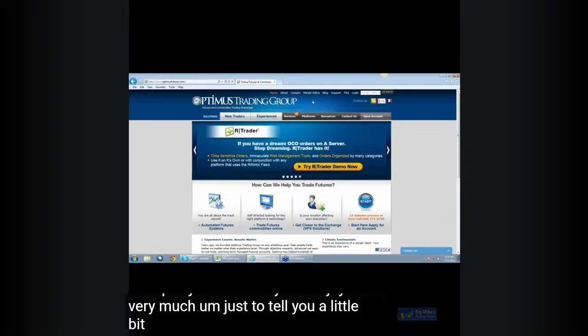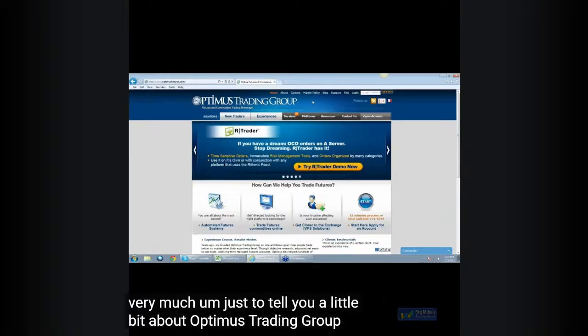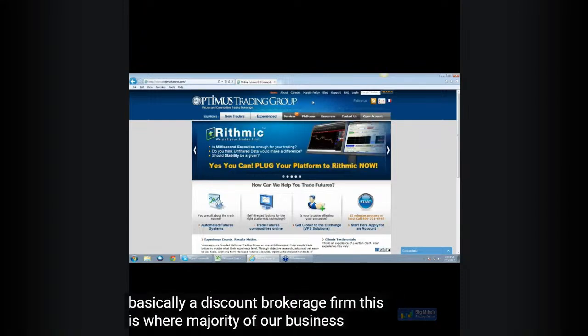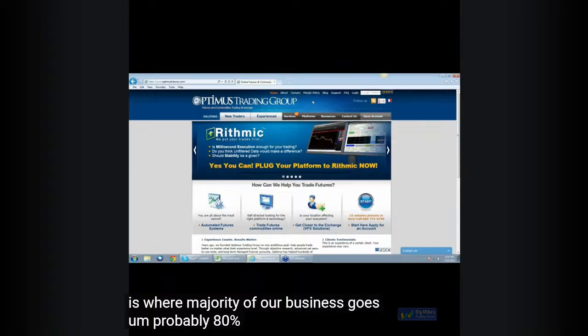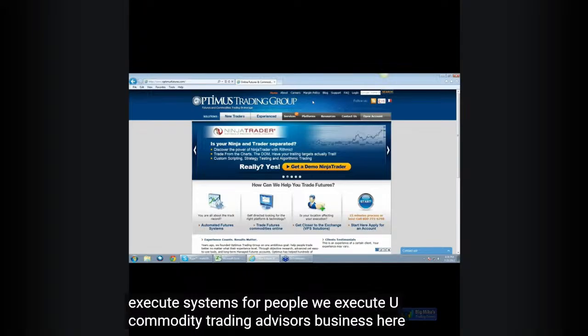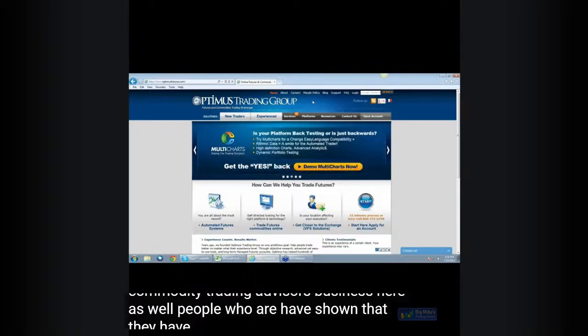Just to tell you a little bit about Optimus Trading Group, we're basically a discount brokerage firm. This is where a majority of our business goes, probably 80%. The rest, we also execute systems for people. We execute for commodity trading advisors as well, people who have shown that they have a track record and so forth.